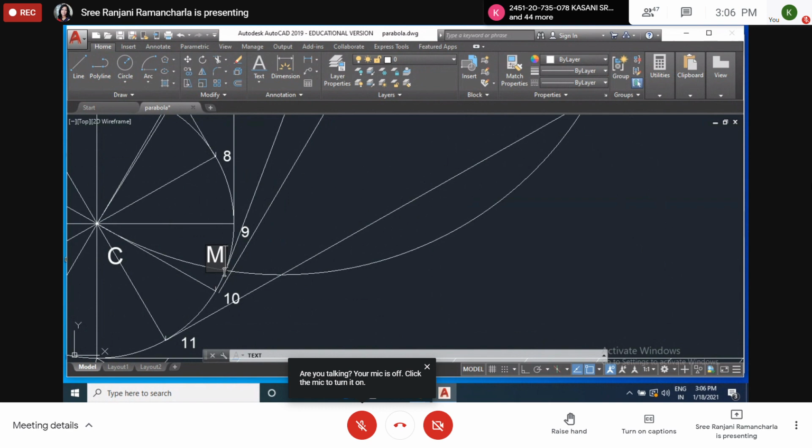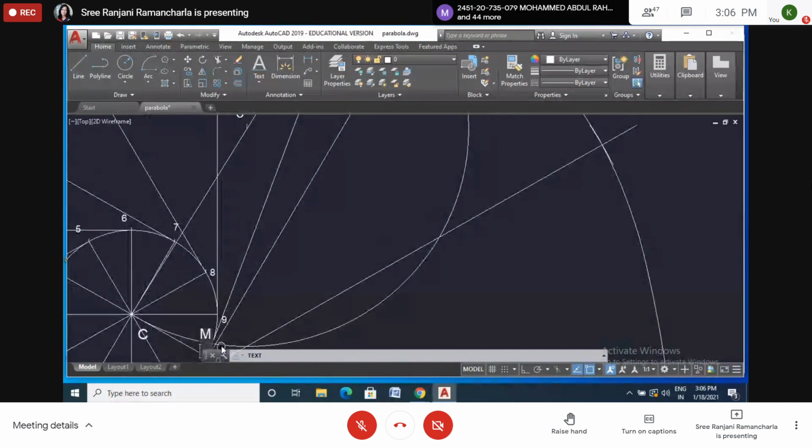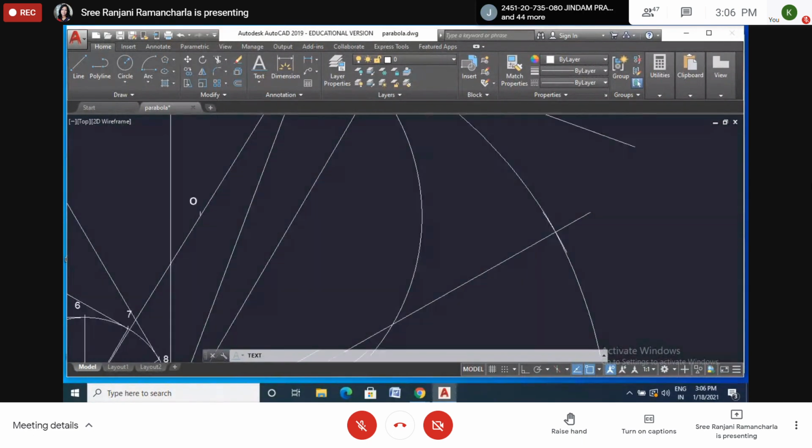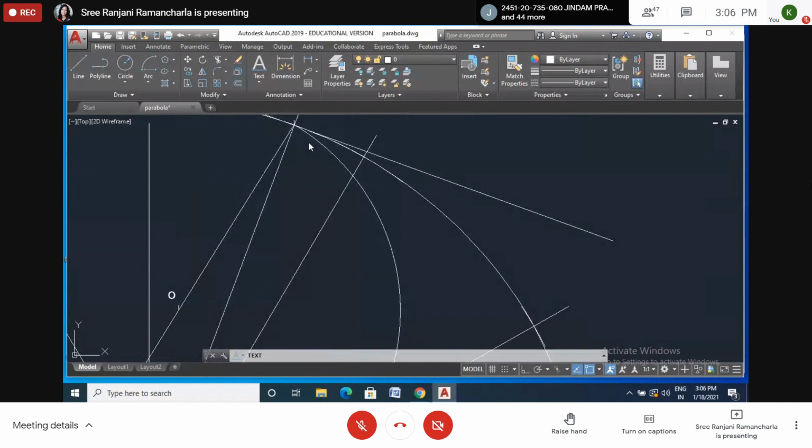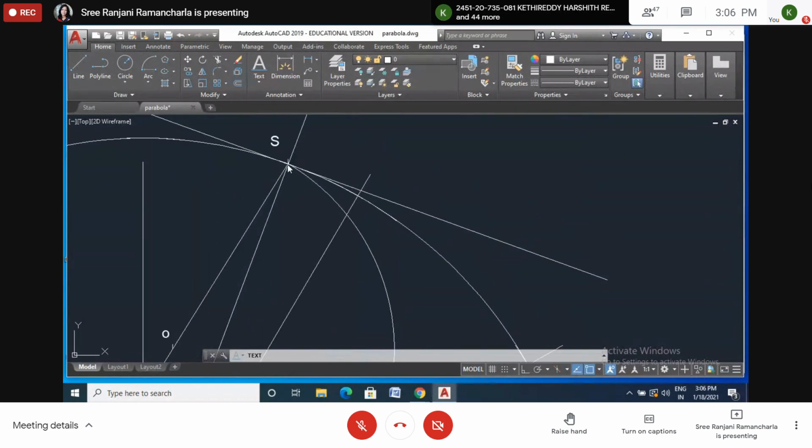Now draw a line from M to point S, and extend.